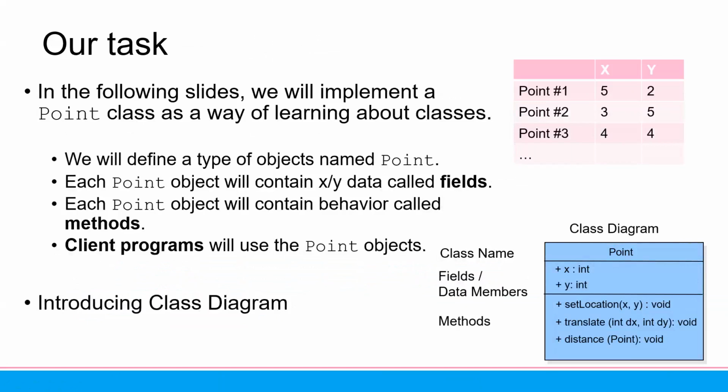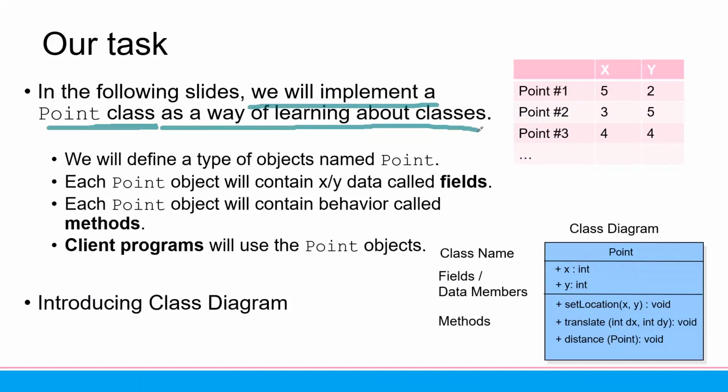Our task is to create an object, and the object will need one class. So in the following slide, we will implement a point class as a way of learning about classes.